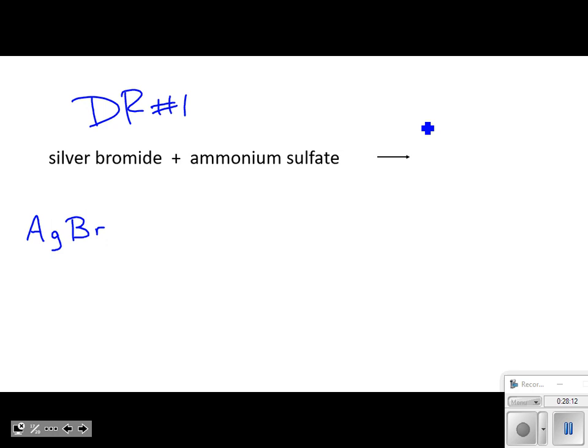Silver bromide: silver is a +1, bromine's a -1. Ammonium, that's one of our few positive polyatomics. NH4 is a +1, so I'm going to need 2 of them to go with my sulfate.